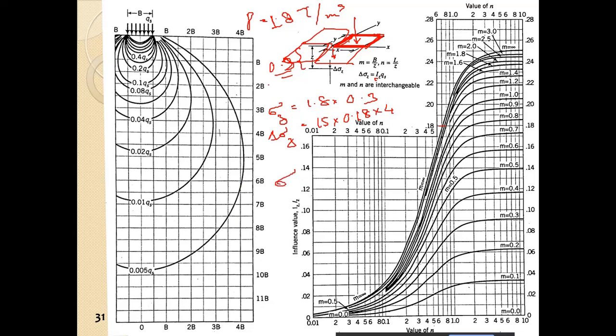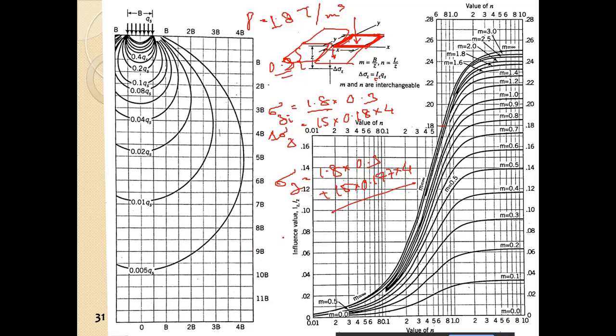So the total stress at that point, sigma z, is equal to 1.8 into 0.3 plus 15 into 0.177 into 4. That is the total stress, we can say sigma z initial. So the total stress is 1.8 into 0.3 plus 15 into 0.18 into 4.